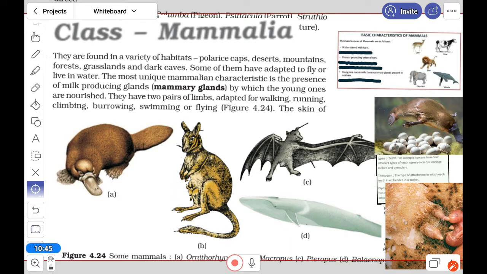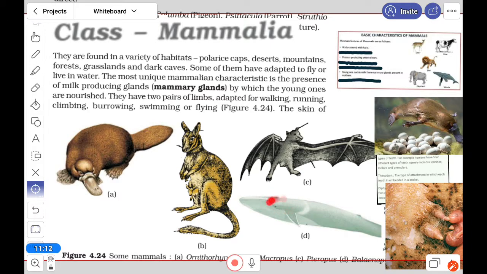Here Chiroptera means the bat. They are flying, but they are mammals, a flying mammal. In this whale, Balaenoptera, they do not satisfy two of the basic characteristics of a mammal.